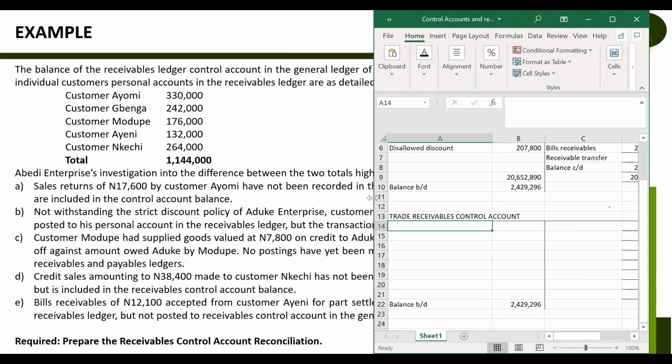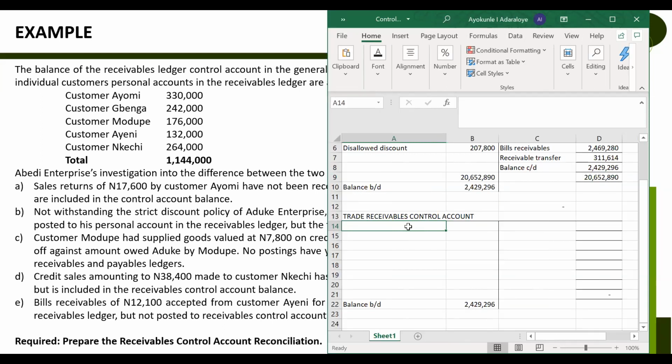Let's start with the first information. The balance of the receivable ledger account in the general ledger is 1,182,180. So that is the balance that we have here. Is this balance brought down or balance carried down?